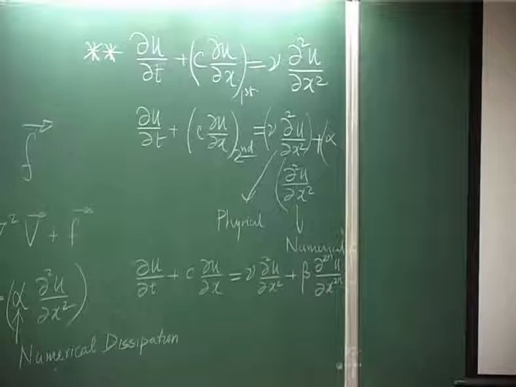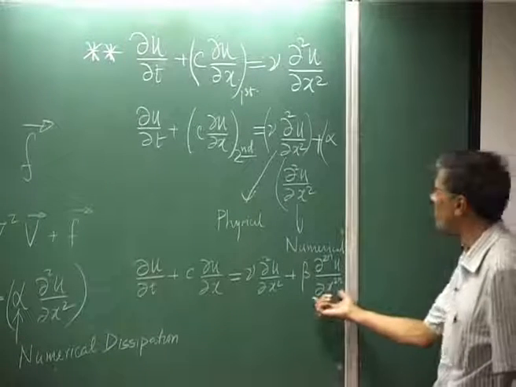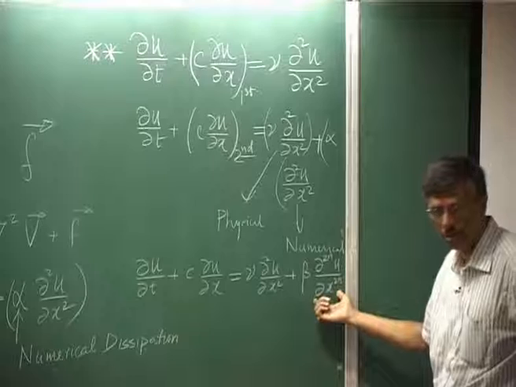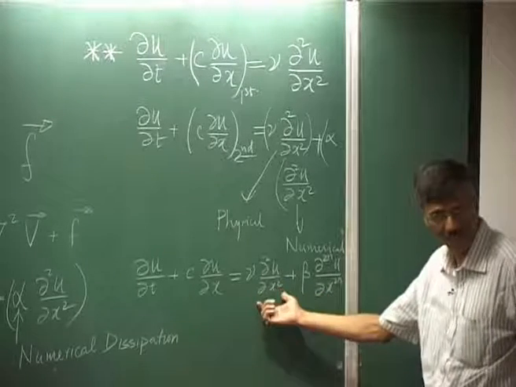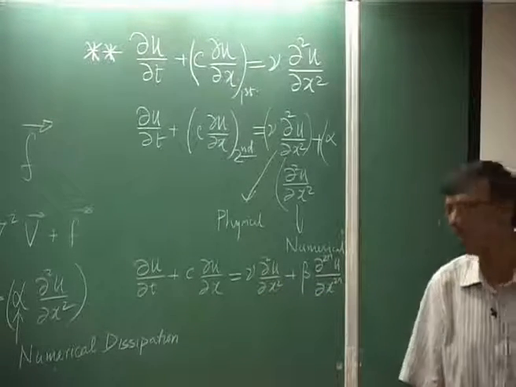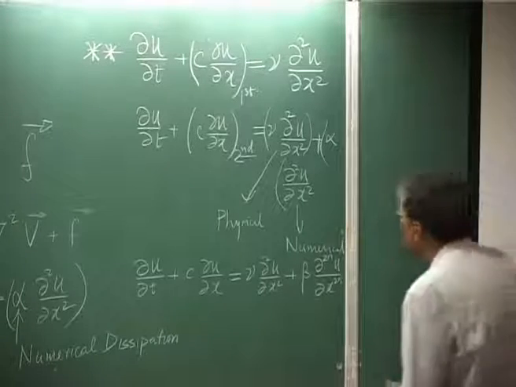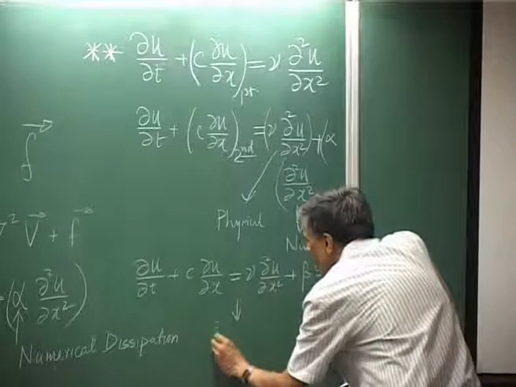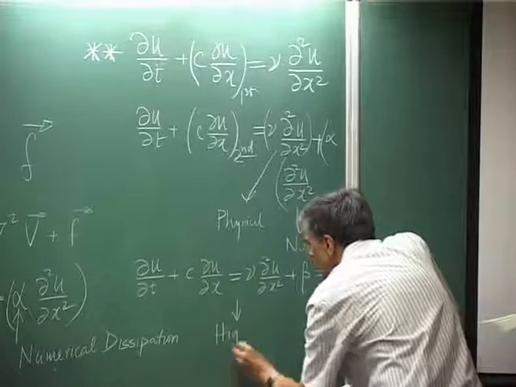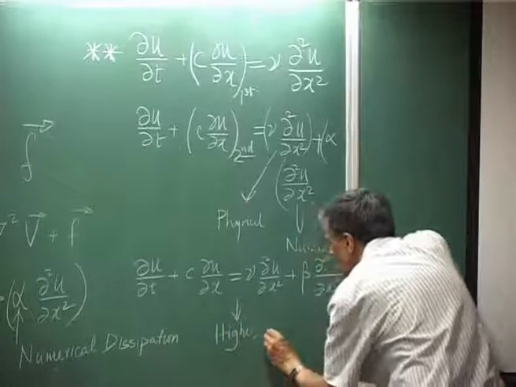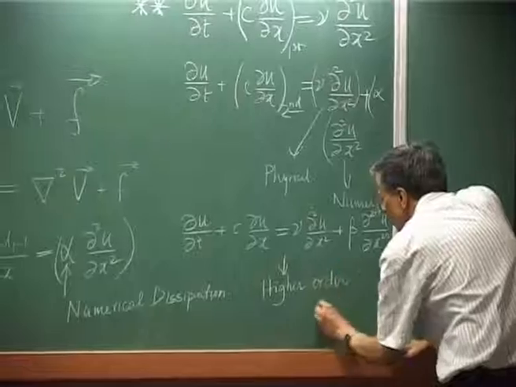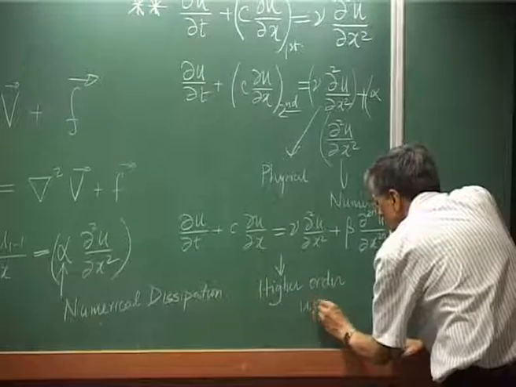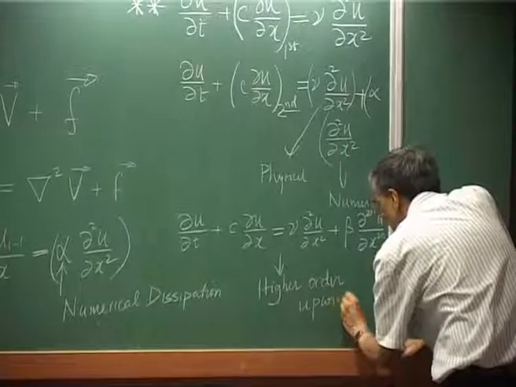So, then what will happen? This is still a dissipative term, but it is not going to interfere with the physical dissipation. So, this is what we call as higher order upwinding.